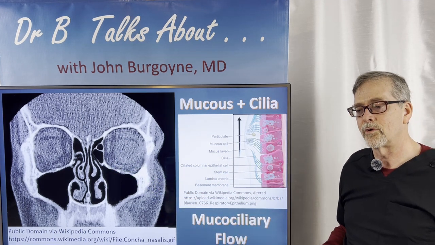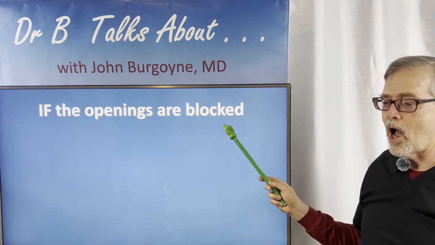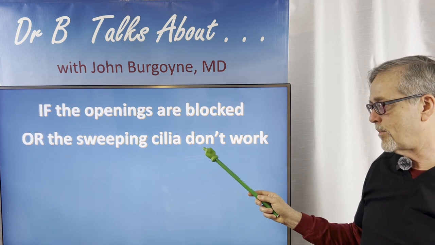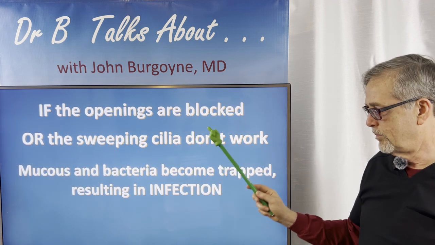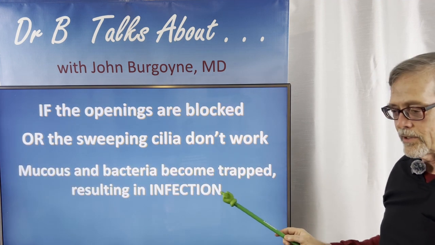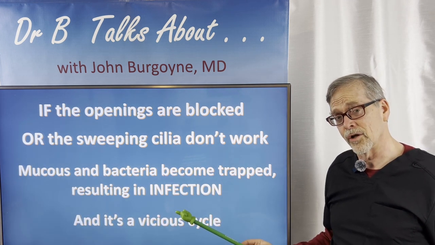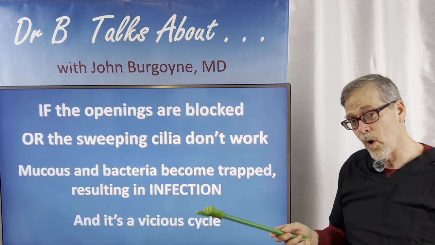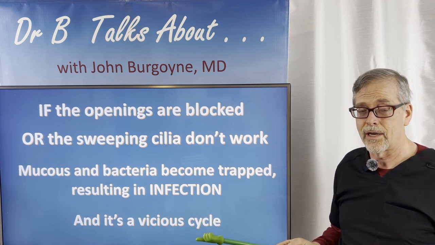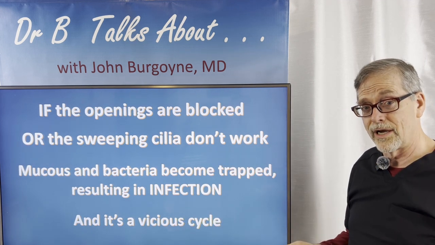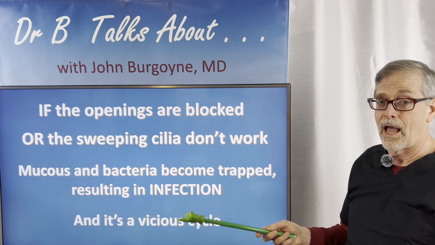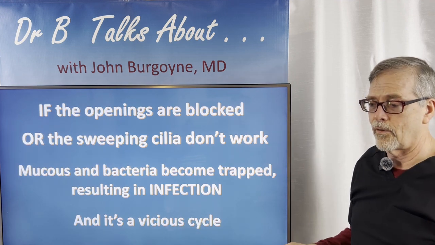But we have to have the mucociliary flow. If the openings get blocked, or the sweeping cilia don't work, mucus and bacteria become trapped, resulting in an infection. And it's kind of a vicious cycle because the infection causes swelling at the openings, which can therefore make things get more trapped, which can allow the infection to get going.